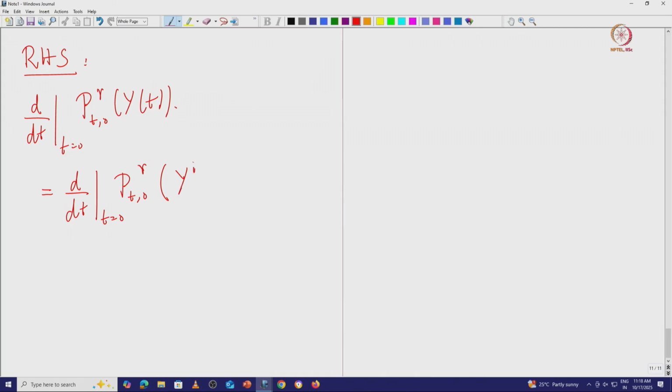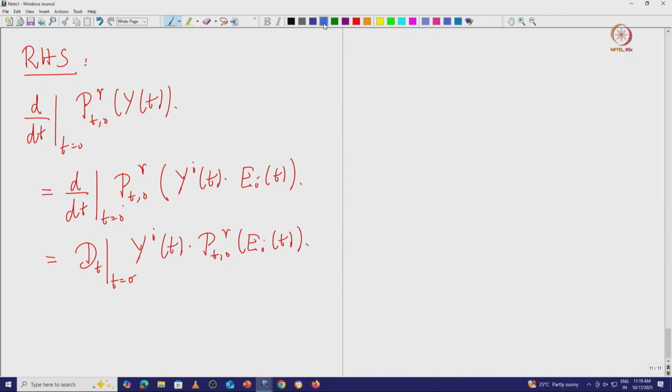Y is just y_i of t times e_i. Of course, when I say d by dt, I actually mean the covariant derivative along gamma. Alright, so what is this? P is a linear map, so this is just going to be y_i of t times this.